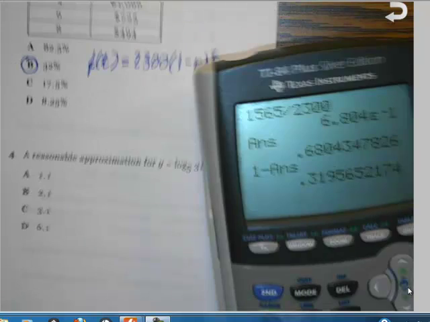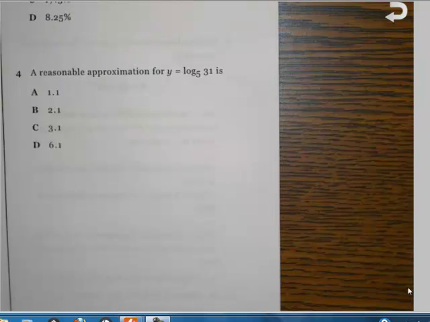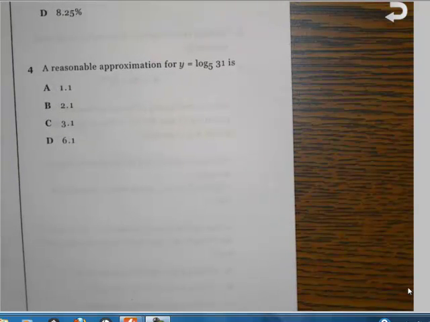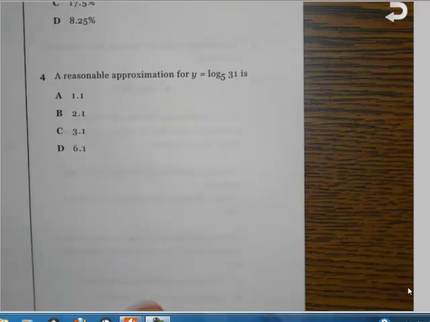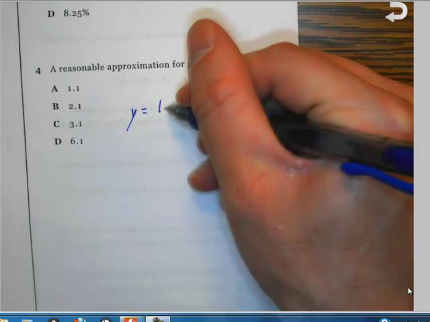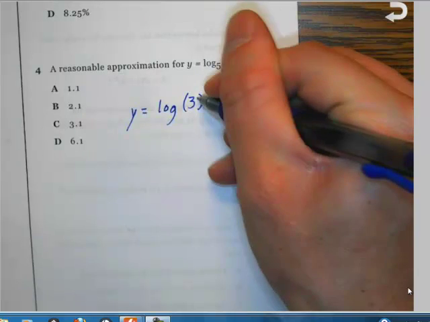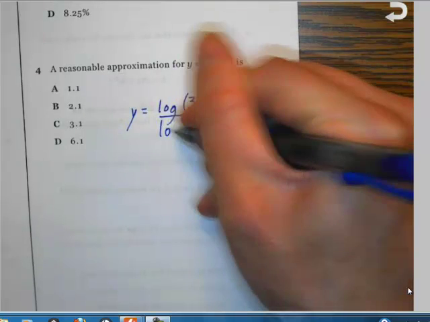Okay. The next one is, what is a reasonable approximation for log base 5 of 31? Now, if you knew your log base command on your calculator, that's nice. That was a very easy question. Even if you didn't, you know your change of base formula. Y is equal to the log base 5 of 31 is to say the log of 31 over the log of 5.